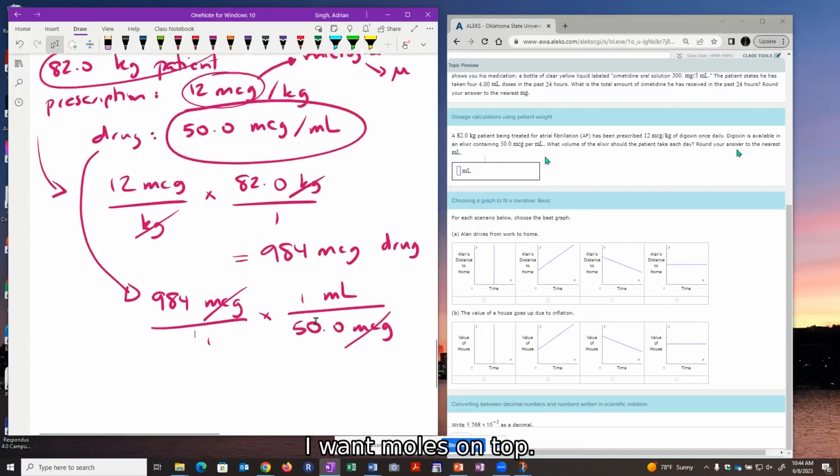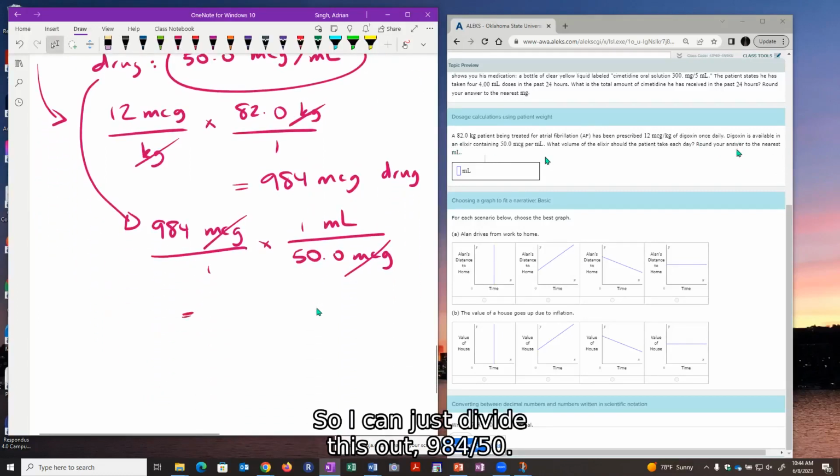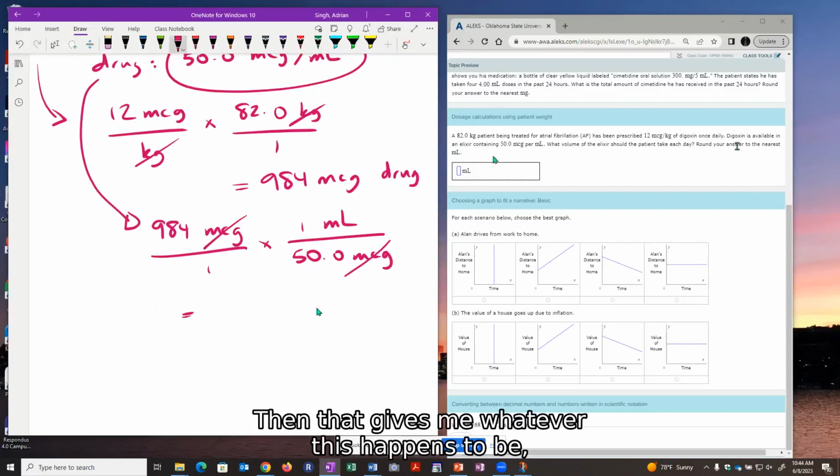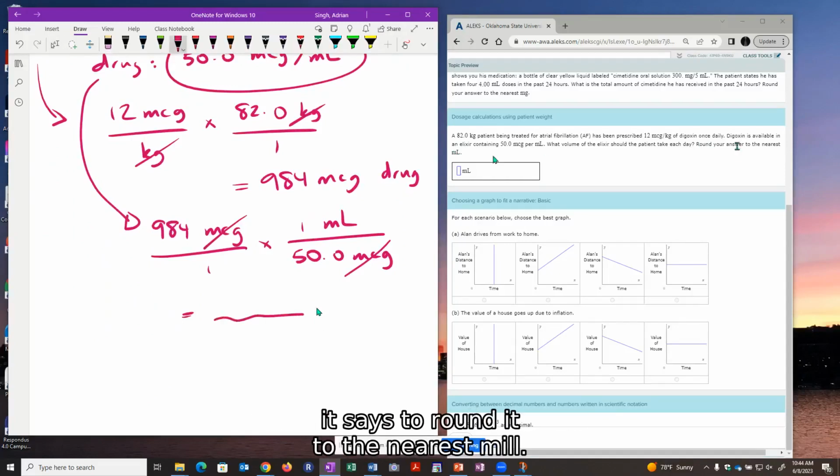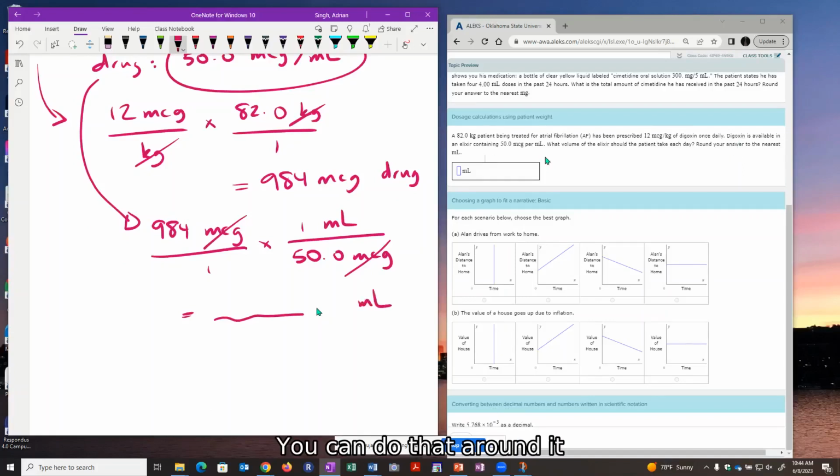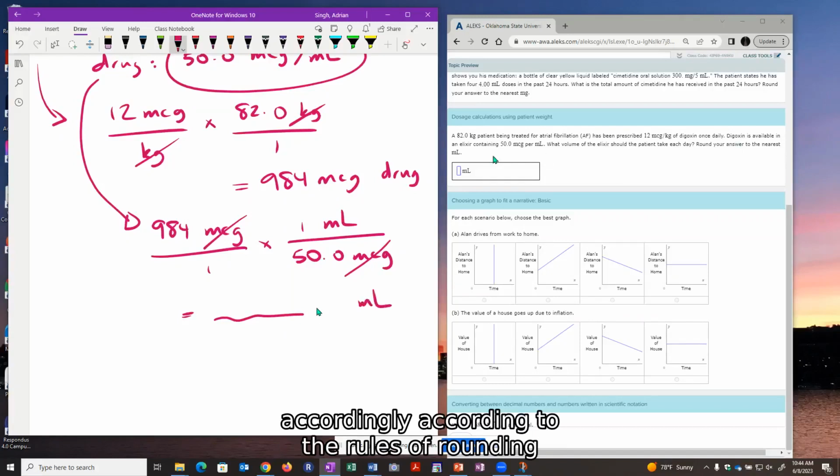So I want mils on top. Okay, so I can just divide this out, 984 divided by 50, and then that gives me whatever this happens to be. It says to round it to the nearest mil. You can do that and round it accordingly, according to the rules of rounding.